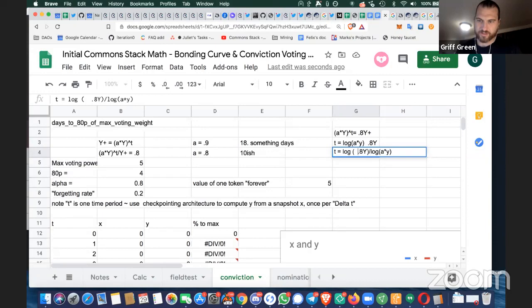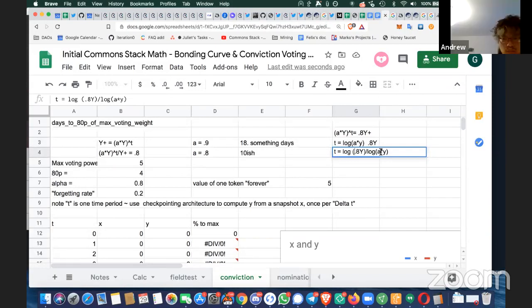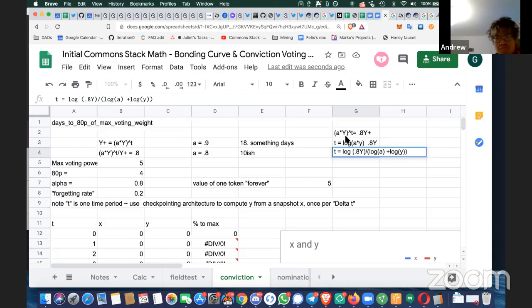And then there's some more log math that we can do, which is that the log of two things multiplied by each other is just an addition. Okay, so I'll just change this right here. Oops, this is y plus alpha y is y plus.